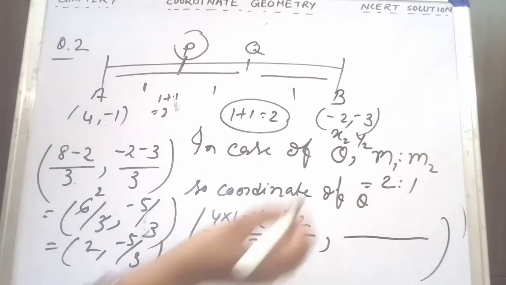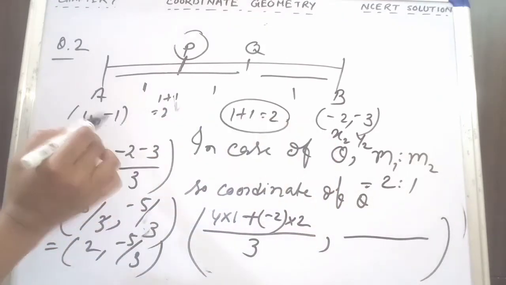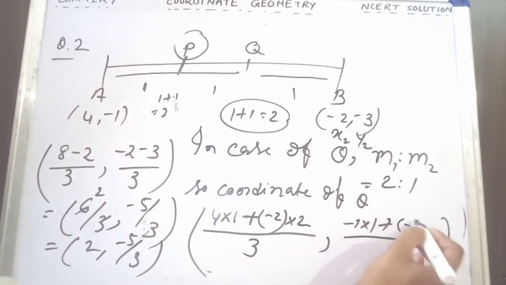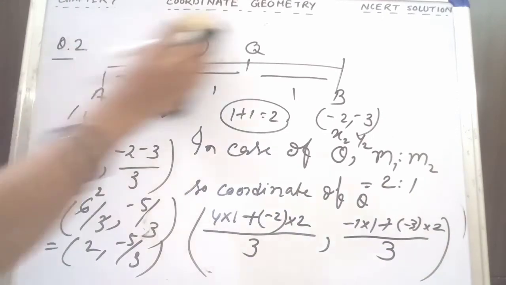And here y1 that means minus 1 into m2 that means 1 plus y2 minus 3 into m1 2 by m1 plus m2. Now calculate this value.